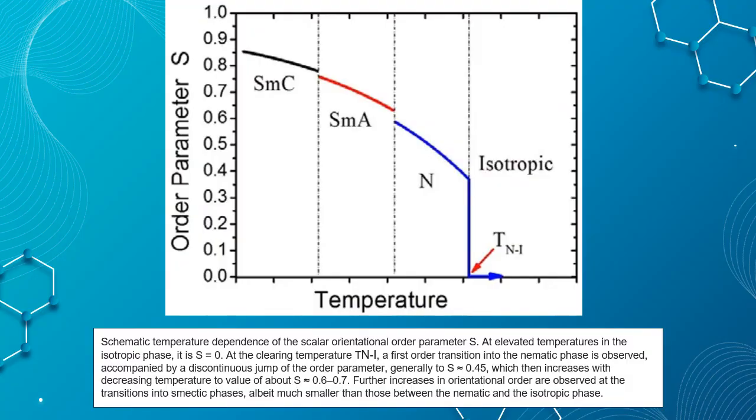This is again a graph showing the variation of order parameter S with temperature. Here you can clearly see the different phases of liquid crystals.